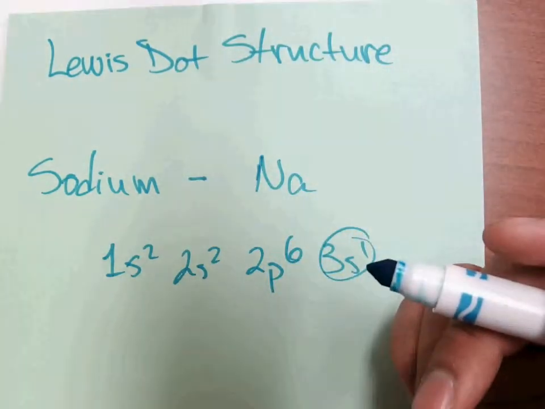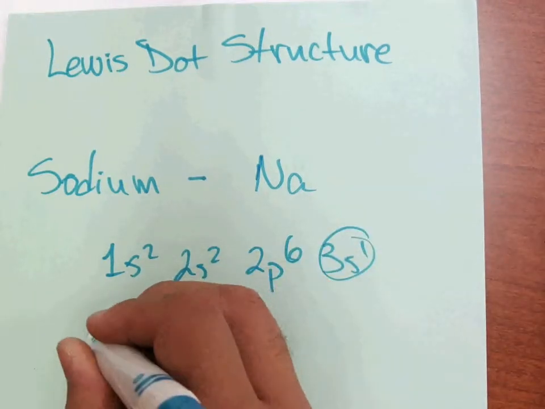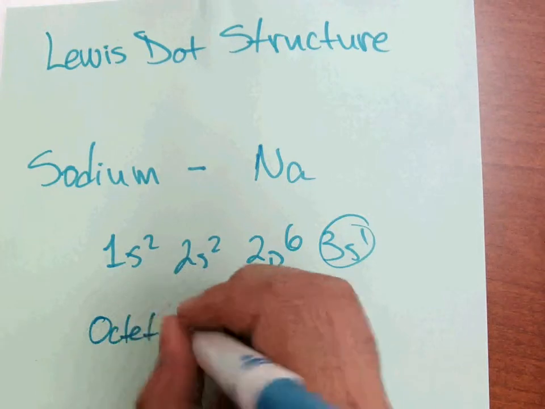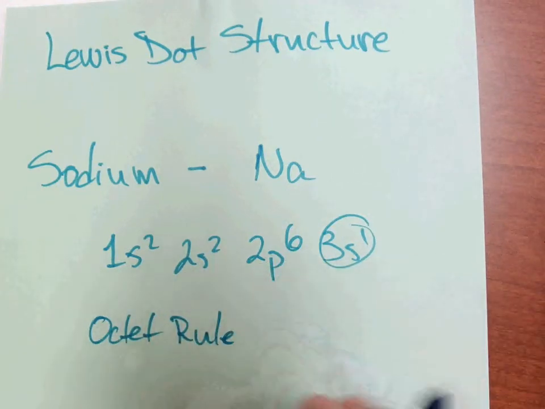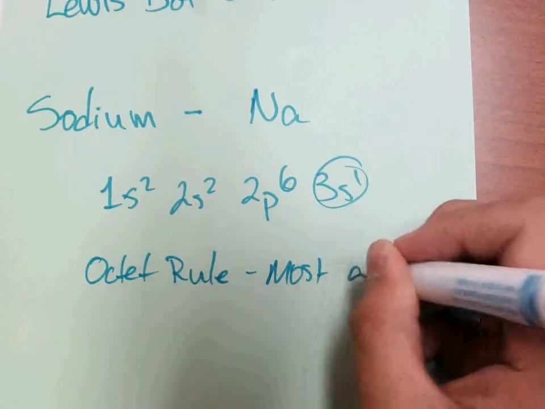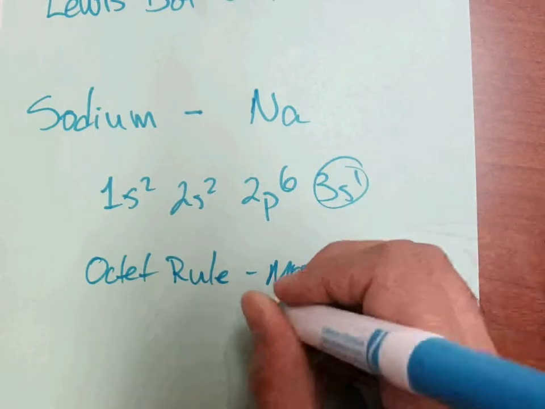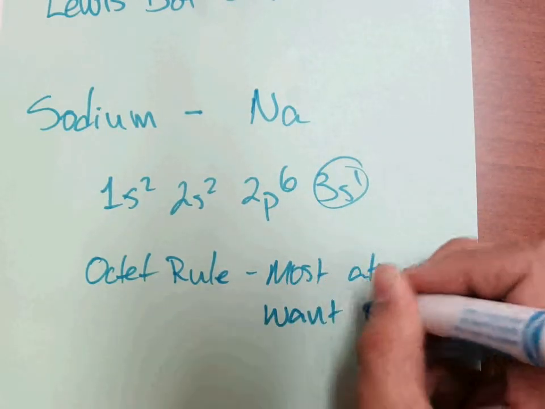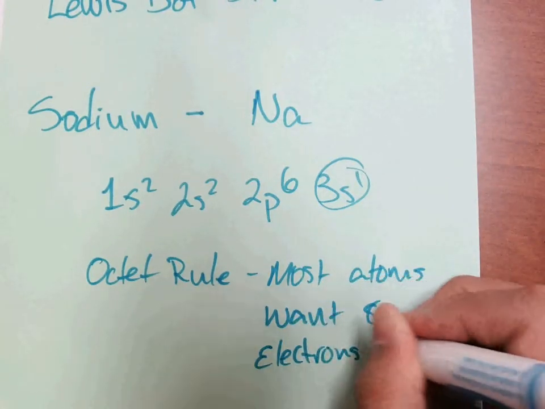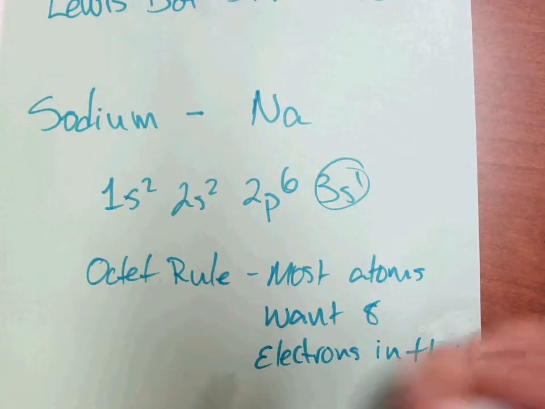But you want to have 8 valence electrons. This is called the octet rule. The octet rule states that most atoms want 8 electrons in their outermost shell.